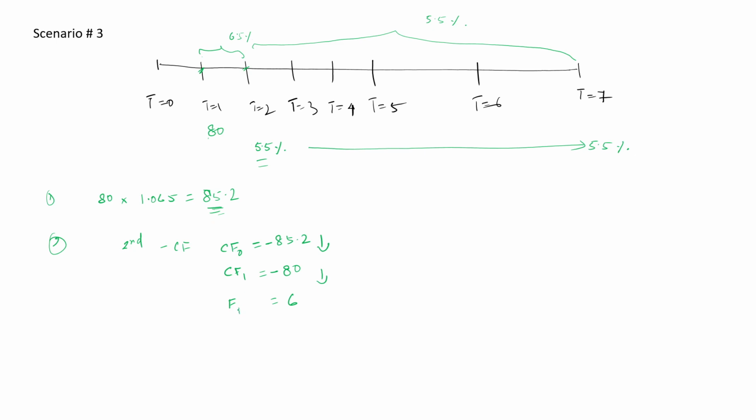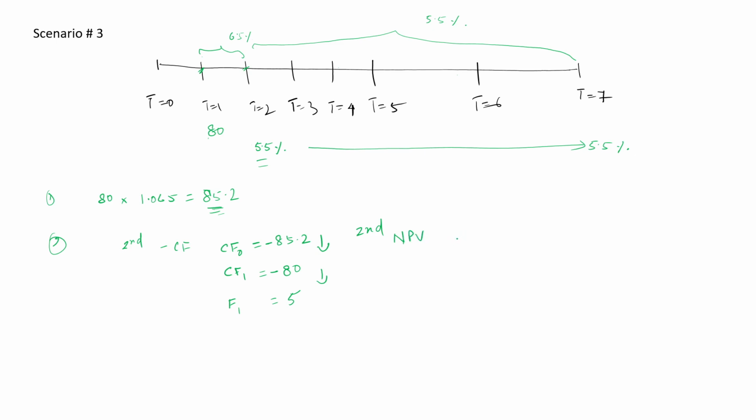I'm sorry, it's going to be 5 periods. So put this as 5 periods. So once you have inputted this detail, then press second and press the NPV function in your calculator.